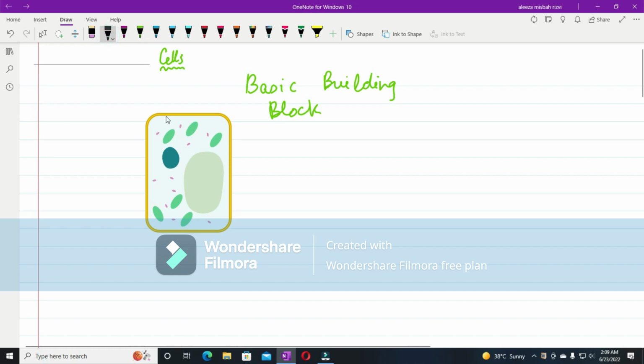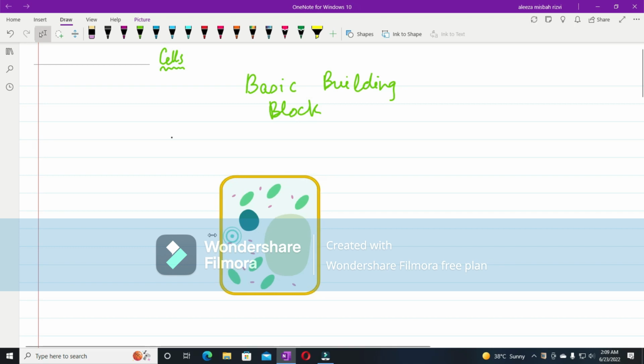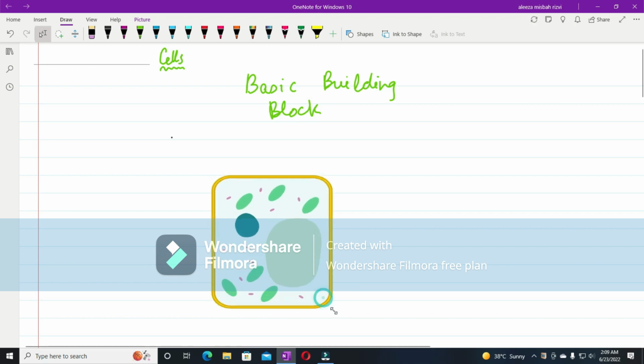So here I have got a diagram. This is a diagram of a plant cell. So this blue structure is known as the nucleus.